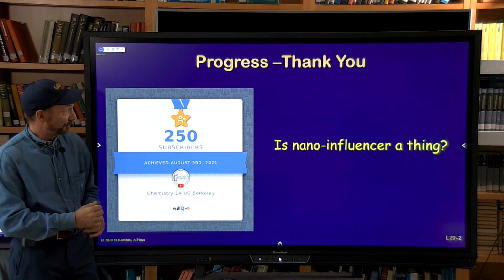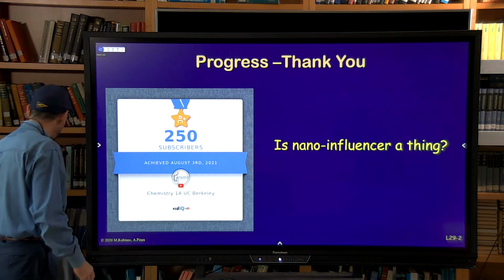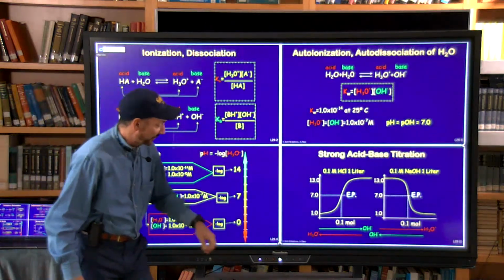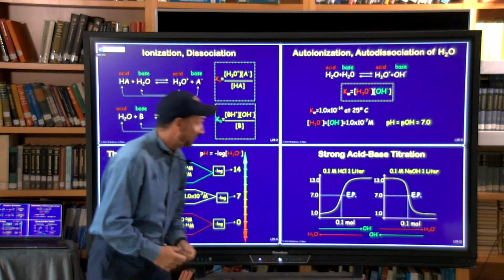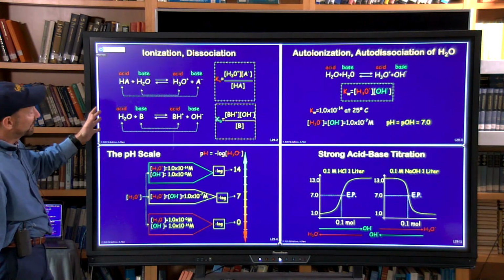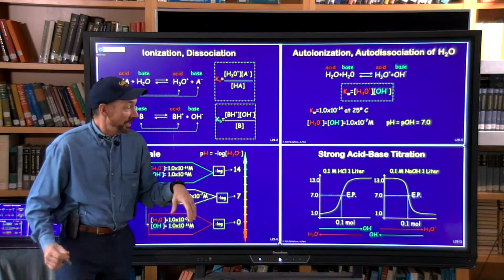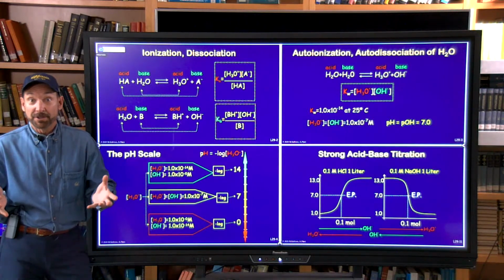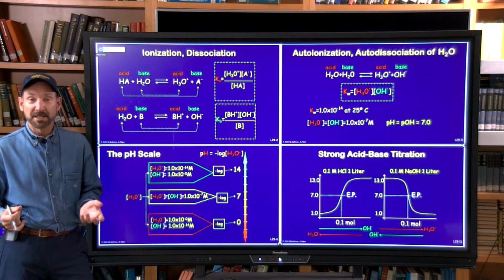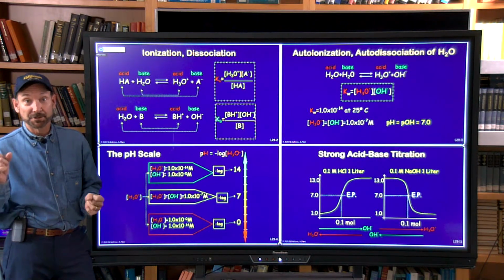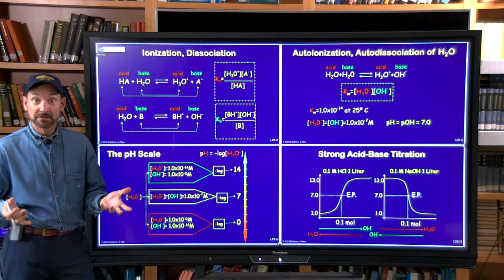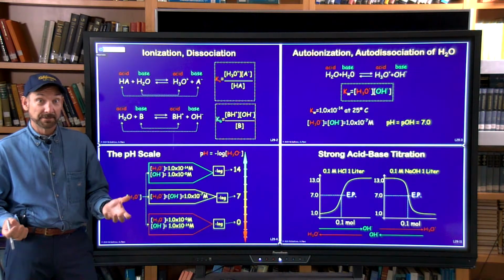So we were talking last time about acids and bases. So we've come to a new subject. It's an important one because of all the chemistry that happens in your body. Many of you are going into the life sciences, and the chemistry that happens in your body happens in a buffered environment.